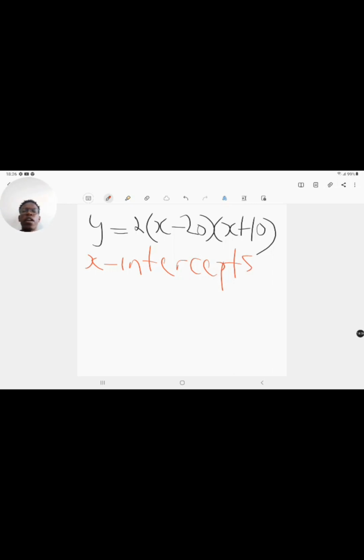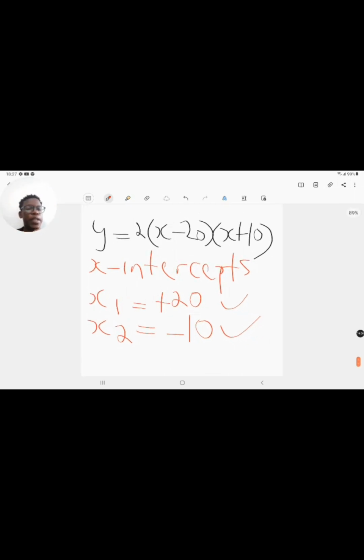You have minus 20 in here, so x1 will be positive, and you keep the value 20. And then x2: that sign there is positive, so you'll have the opposite sign, negative, and then 10. And these are the x-intercepts of your graph.